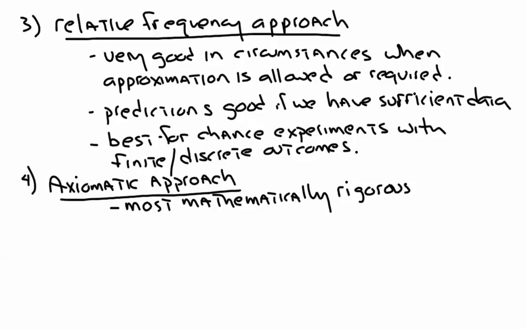It uses set theory and other mathematical tools that you are already familiar with. The axiomatic approach starts by defining the properties that probability must obey. That's where it starts.